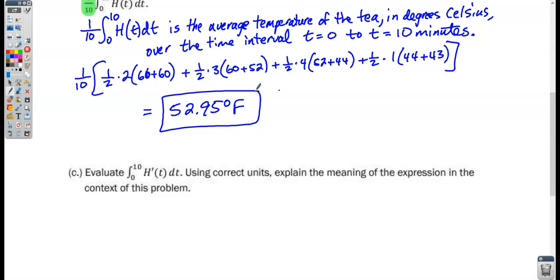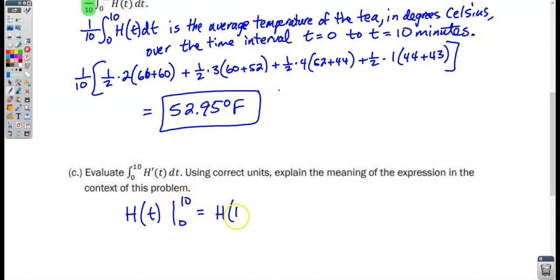Part C, evaluate the integral from 0 to 10 of h'(t) dt. Using correct units, explain the meaning of the expression in the context of this problem. To find this integral, I just find the antiderivative of h'(t), which is h(t), and evaluate that from 0 to 10.